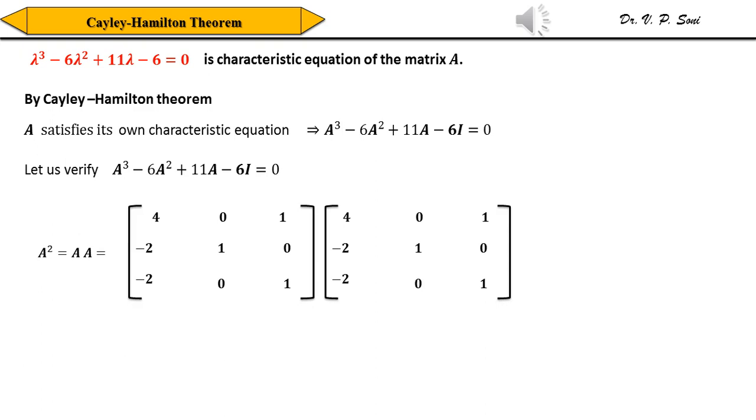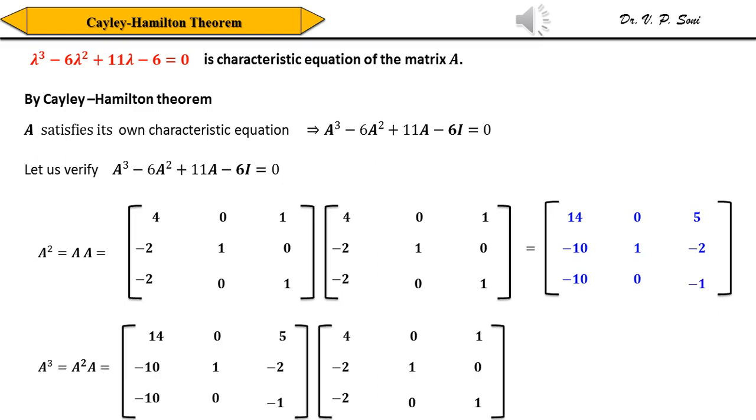A square equal to A into A, and we get matrix A square whose first row is 14, 0, 5, second row minus 10, 1, minus 2, third row minus 10, 0, minus 1. Now A cube equal to A square into A, then we get matrix A cube whose first row 46, 0, 19, second row minus 38, 1, minus 12, third row minus 38, 0, minus 11.